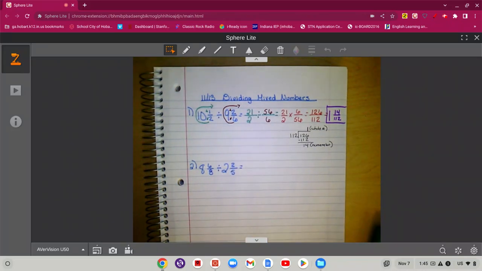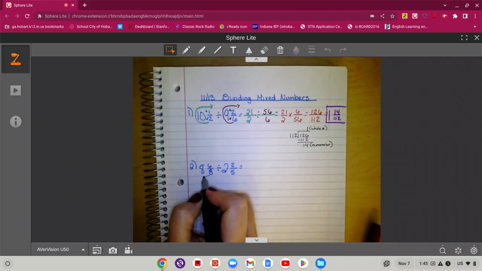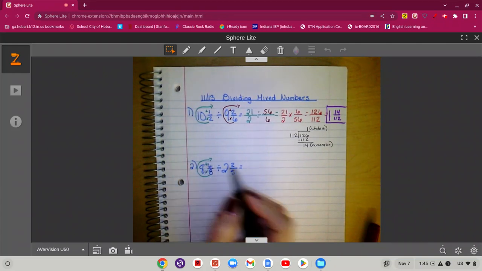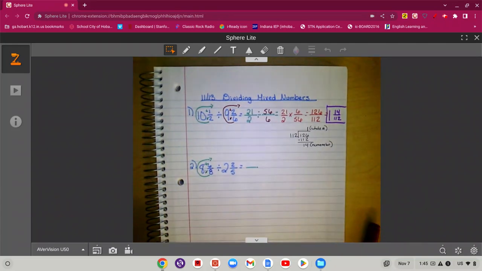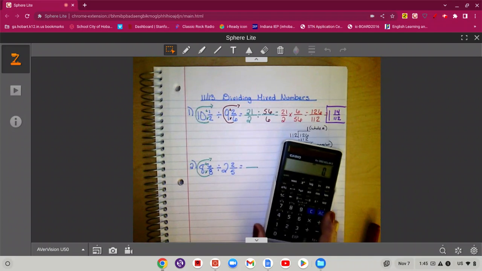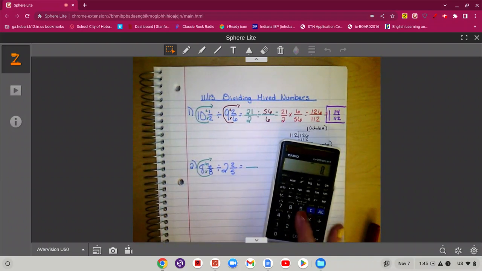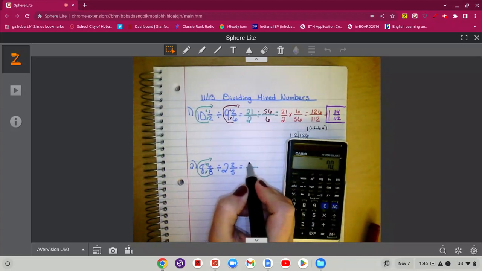Okay, so remember, we first have to change these to improper fractions. Start with our denominator, work around, multiply, add. So let's do that one first. So I'm going to take 8 times 8 and add 6. 8 times 8 plus 6 gives me 70 over 8.